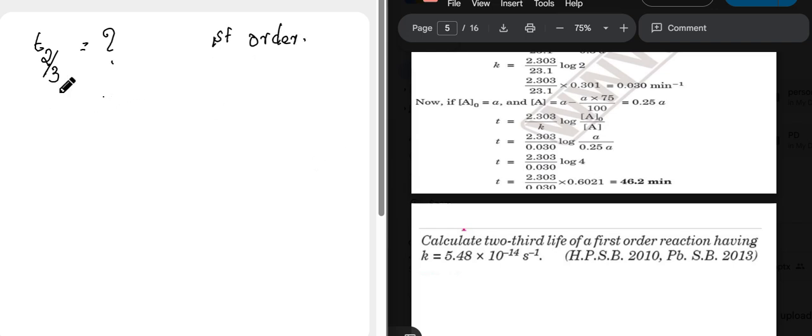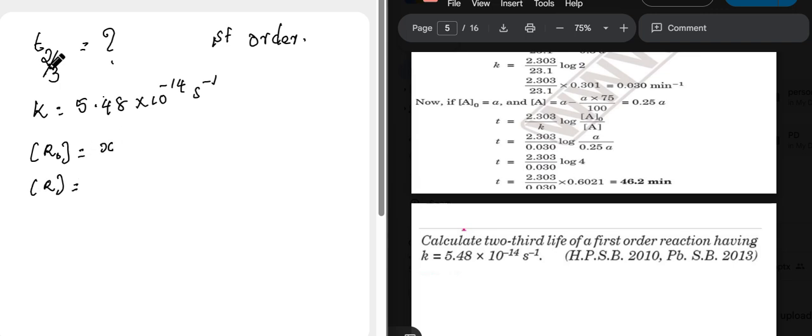And here already the k value is given, 5.48 into 10 raised to minus 14 per second. Then for two-third life, r0 and r are not given. So what we can do is, r0 let it be x. Then r will be how much of it is completed? 2/3 of x is completed.